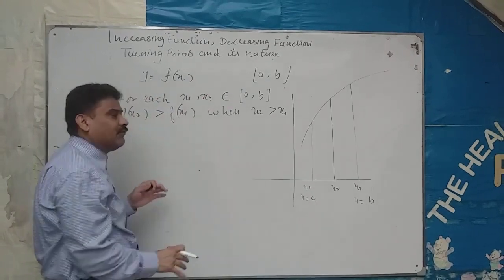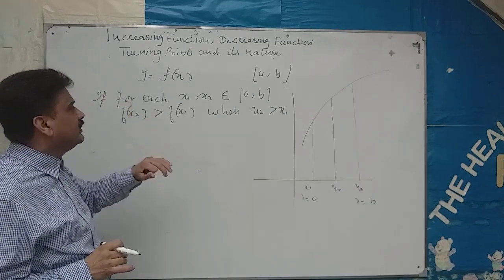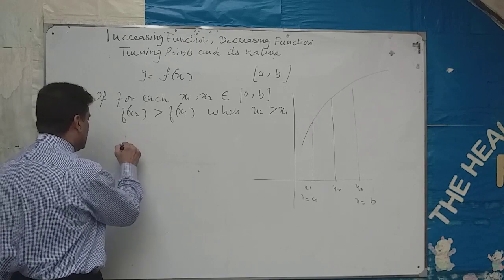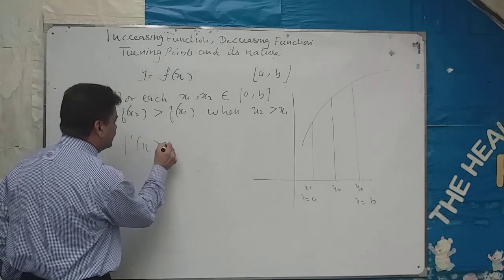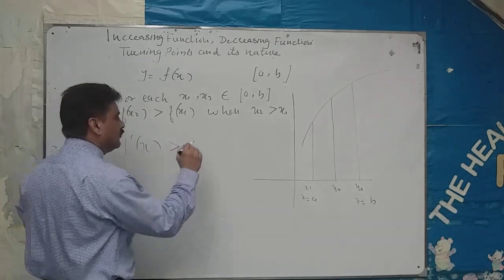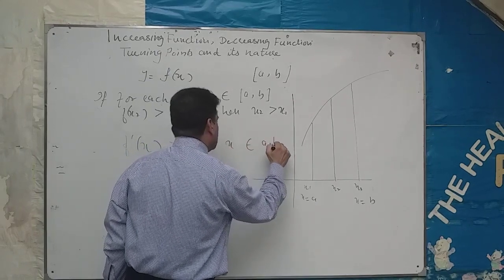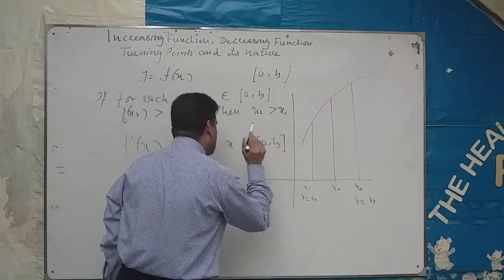Here we can simply define that a function f of x is said to be an increasing function if f prime x is greater than 0 for all x belonging to a to b.